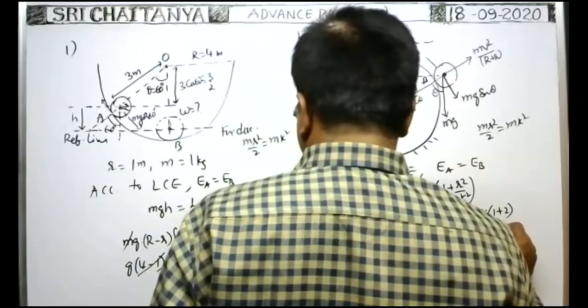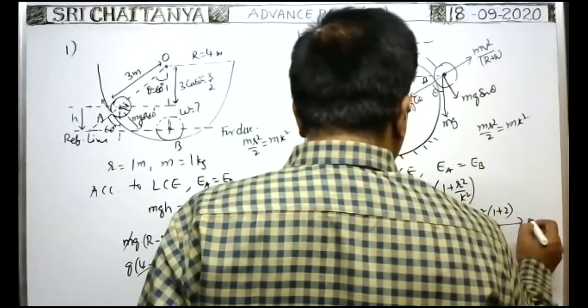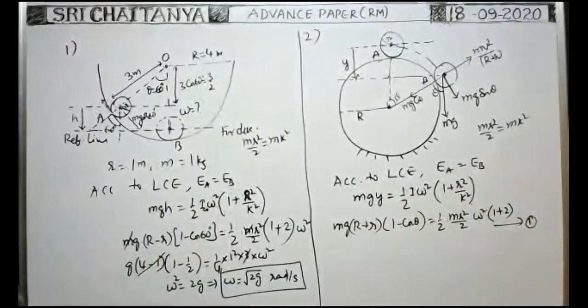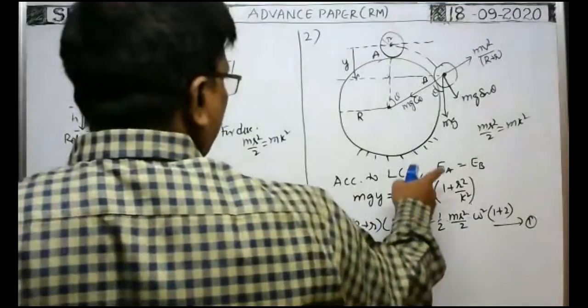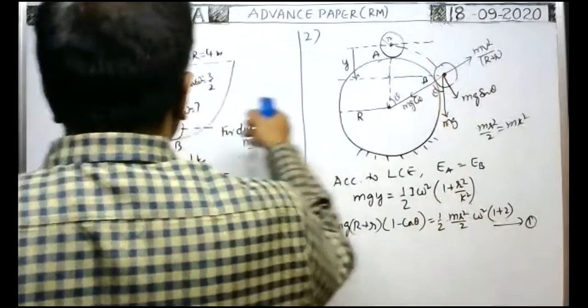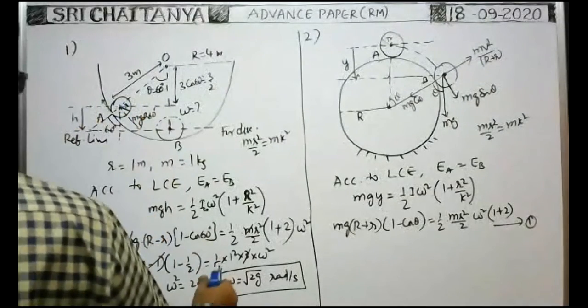At the same time, what is the normal reaction at this instant, when the angular velocity is omega? Here we have to find the normal reaction.